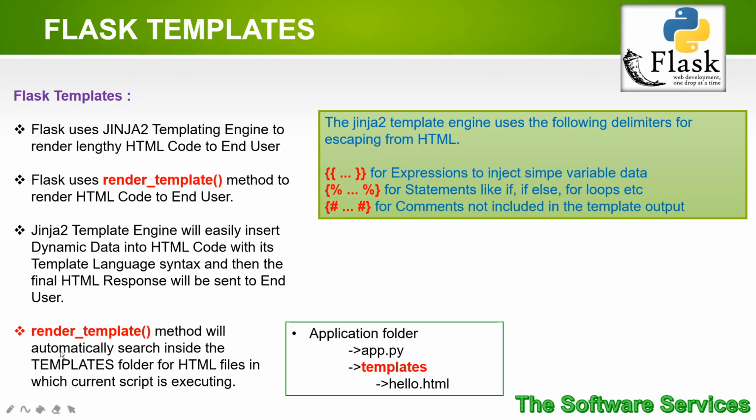And then you need to understand how this template engine will find the HTML file and then insert the dynamic data which is coming from the function, right? So this render_template method will automatically search for the HTML files inside the templates folder, friends.